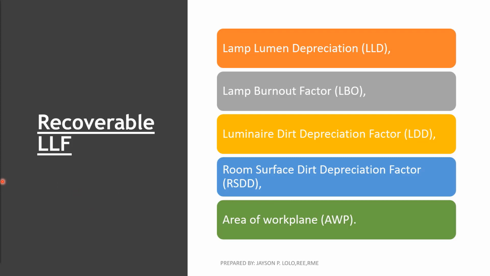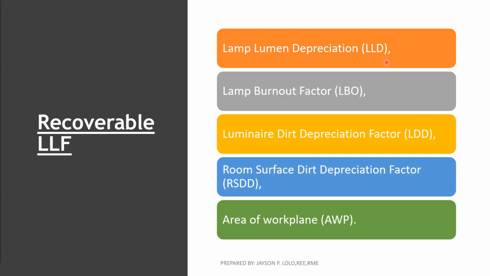Okay, let's discuss something about the lamp lumen depreciation. Okay, the lamp lumen depreciation factor is the fraction of initial lumens at a specific time during the life of the lamp. So naa sa table nakabutang pila ang life expectancy of the lamp.